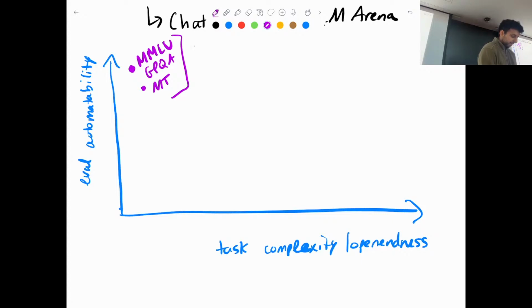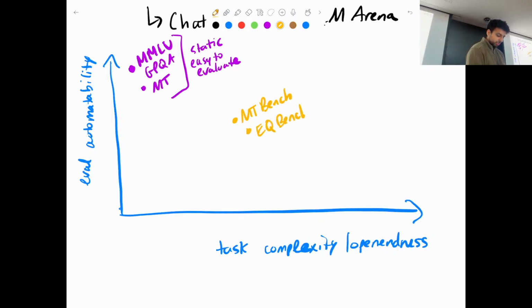So over here we have static, easy to evaluate benchmarks. Now the middle is something we haven't talked about yet, which consists of more long-form writing responses. So here we have things like MT Bench and EQ Bench, which we will look at in a second. These tasks generally have a prompt that requires maybe a couple paragraphs in response.